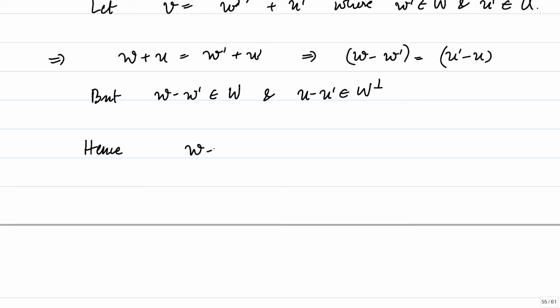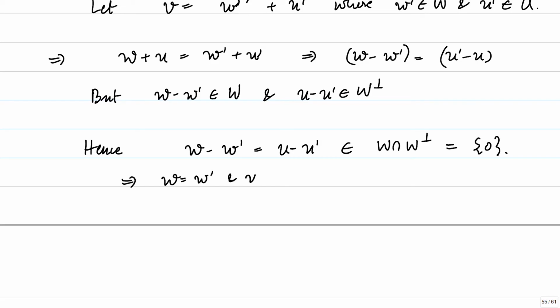Hence w minus w prime, which is equal to u minus u prime, belongs to w intersected with the orthogonal complement of w, which is equal to the 0 vector. And hence w is equal to w prime and u is equal to u prime. And hence we have proved uniqueness as well.